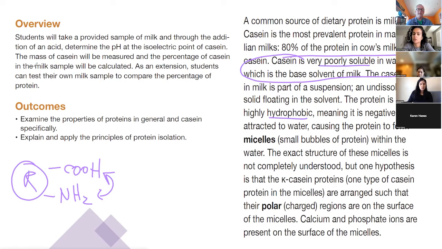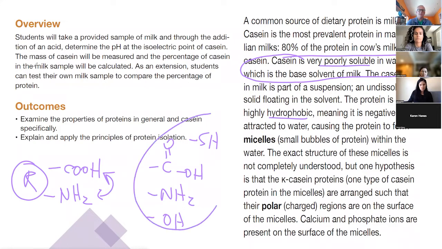Polar would mean it has groups like a carboxylic acid group, or another amine group, or hydroxyl groups, or sulfhydryl groups, things like that. So would you find those on the outside of a protein or on the inside of a protein?